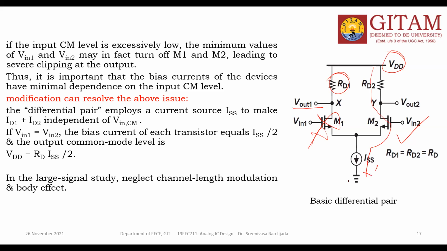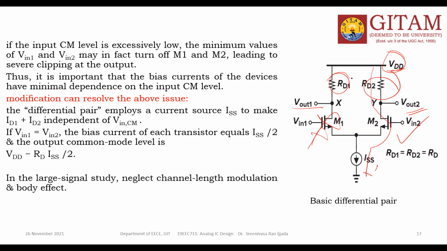So your output voltage is nothing but VDD minus the drop across this RD. The drop across this RD is ID2 into RD, equal to ISS. The entire current is flowing in only one branch, since the other branch is open circuit.